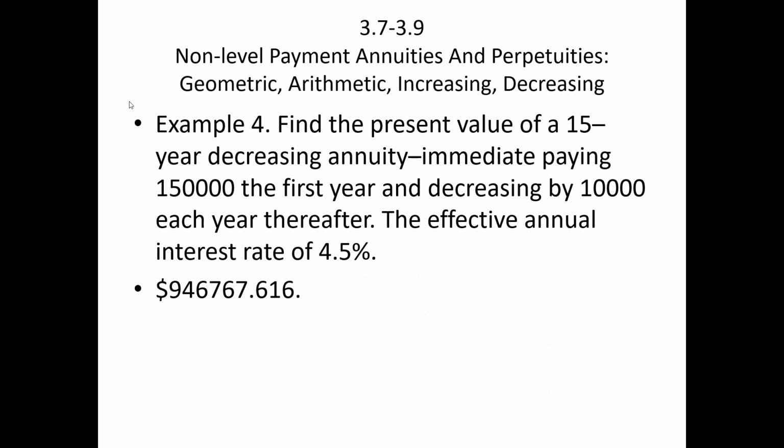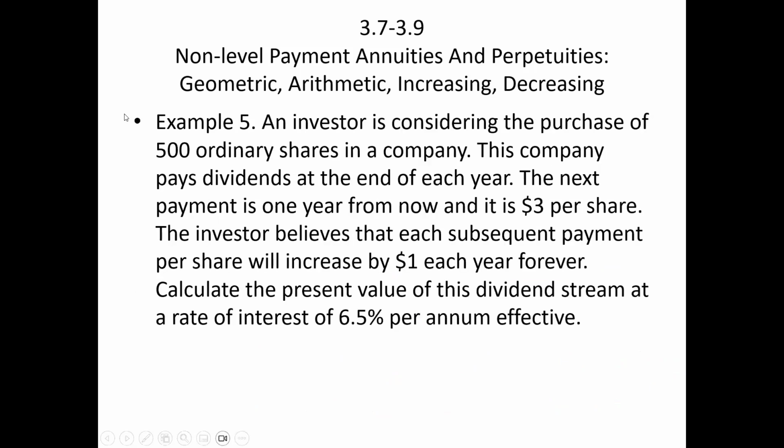One more example. An investor is considering the purchase of 500 ordinary shares in a company. This company pays dividends at the end of each year. The next payment is 1 year from now, and it is $3 per share, 500 shares, right?